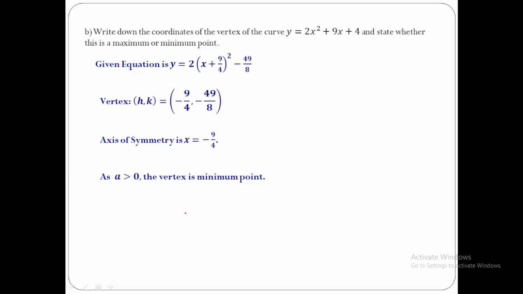Whenever a is negative, it is a maximum point, because a negative a means the parabola opens downward, so we get the maximum point. When a is positive, it opens upward and we get the minimum point as the vertex.